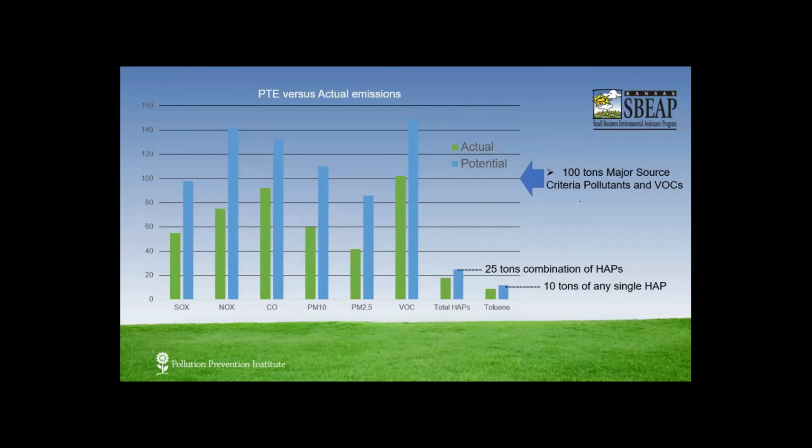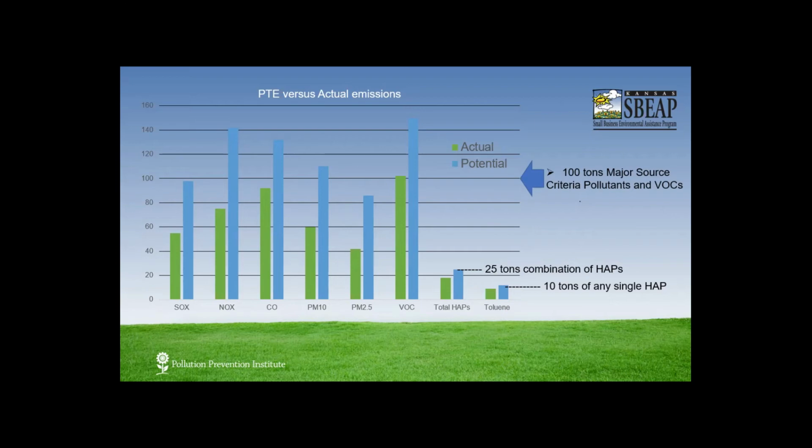The facility-wide PTE, not actual or controlled emissions, is used to determine if a source is a major source under Kansas's operating permit program.